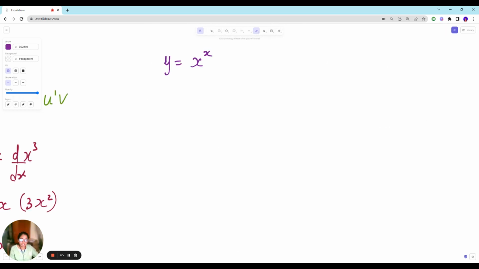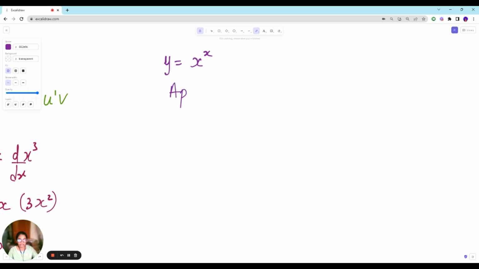So yes, our next question is find the derivative of y is equal to x power x. Whenever you have a function in the power, something like x power x, or say sin x to the power x, anything like that, a function to the power of another function, we bring in the concept of log. So what should I do?